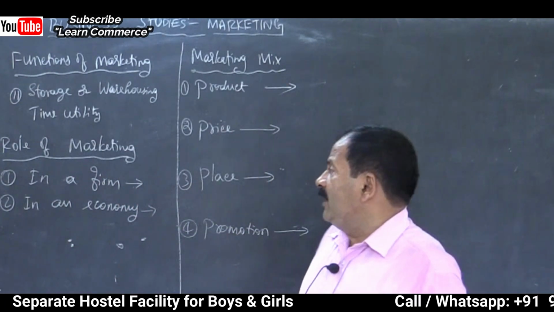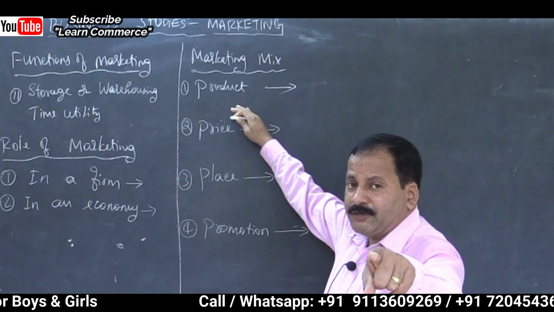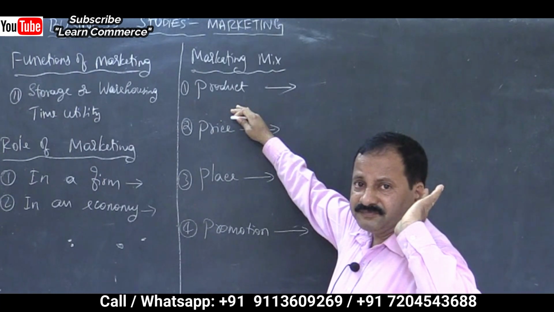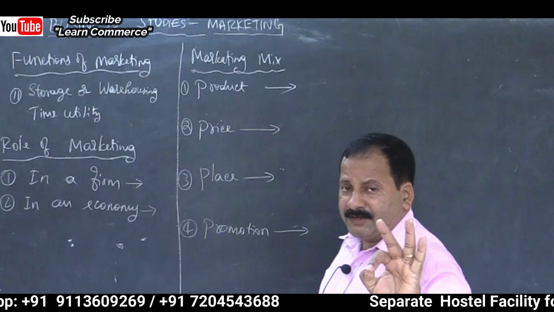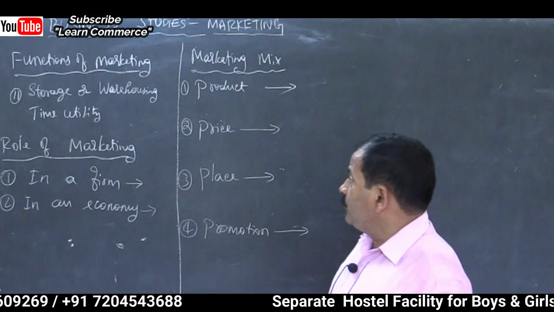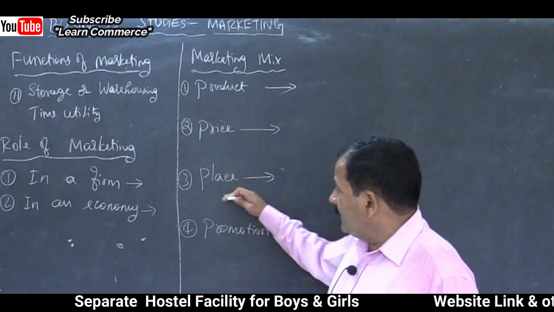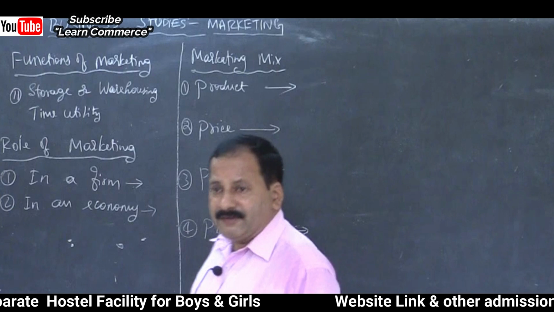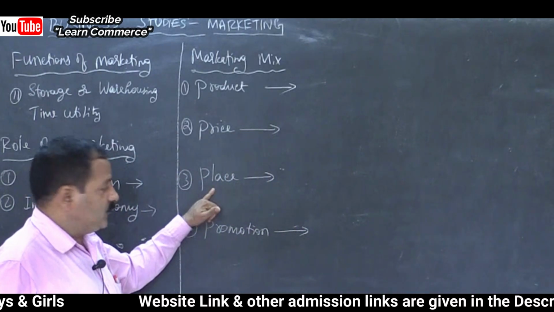Why are they under the control? Product, isn't it? Within the control of the manufacturer, he can do anything for the product. Then price, it is the sole decision of the marketer or the business firm to fix the price of their product. Place, where to distribute, whether to distribute or not, is also under the control of the manufacturer.